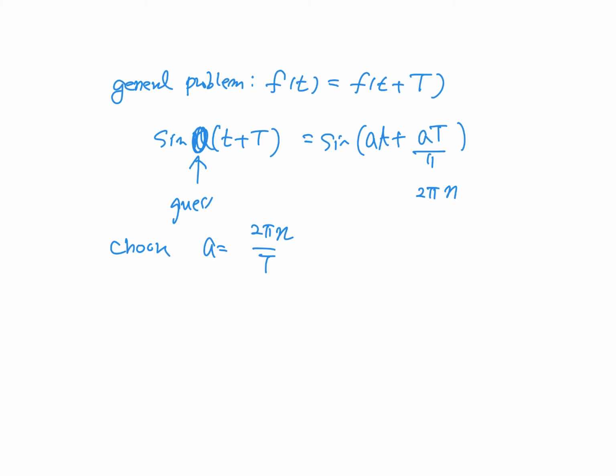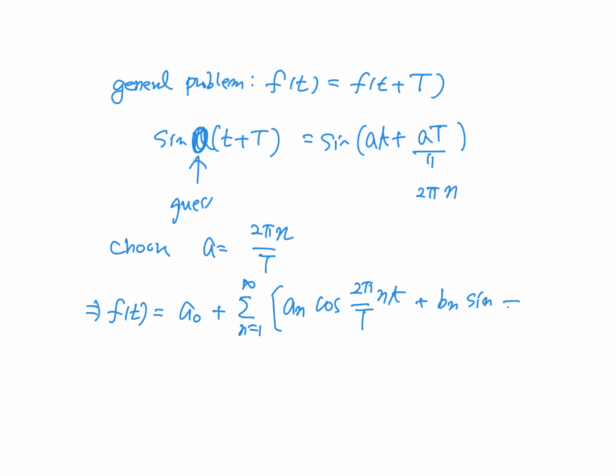So that gives f(t) the same as before, except expanding in terms of cosine 2 pi n t over T plus b_n sine 2 pi n t over T. So when T is 2 pi, then we have the same result as before, right?